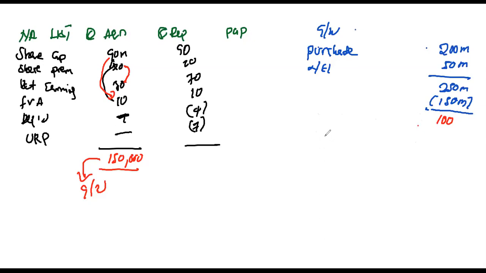We say, see the percentage, the company that acquired another company, you check the percentage of what? Percentage of goodwill. Remember this figure here, the 100, is what we are calling the goodwill at acquisition.